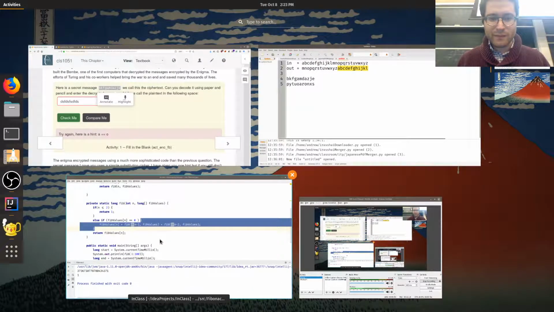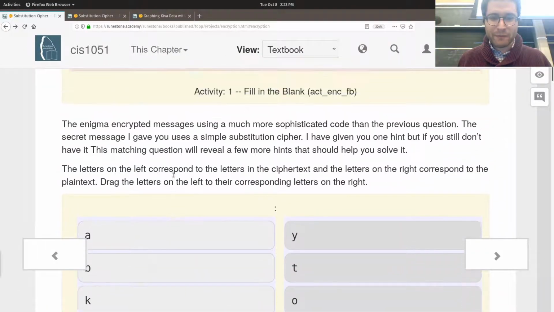Let's see. So this is why encrypting by hand is tricky.